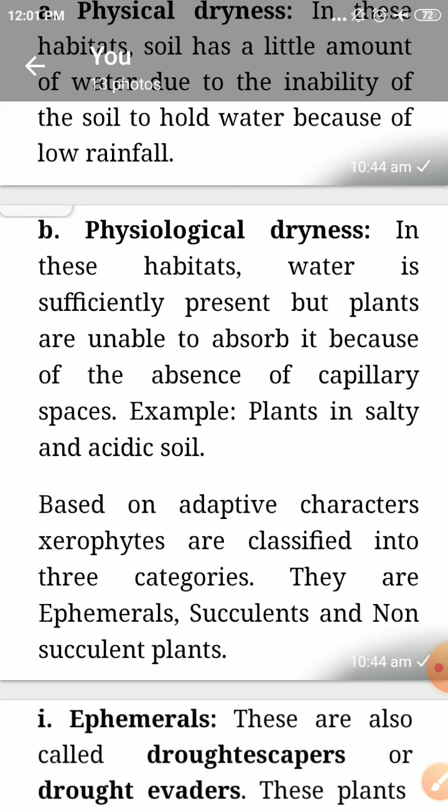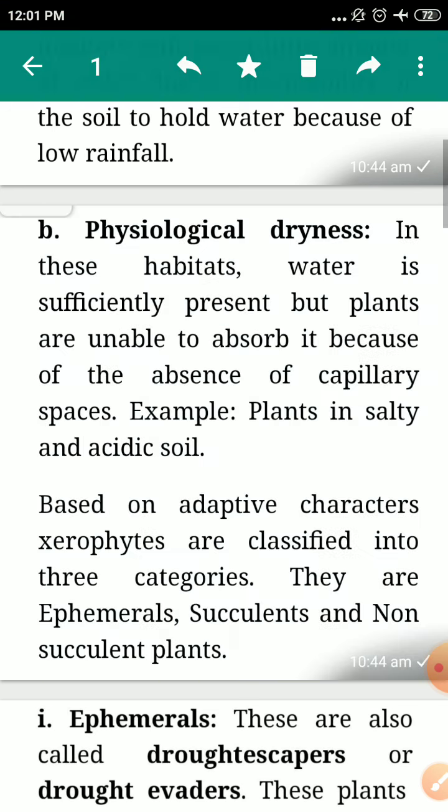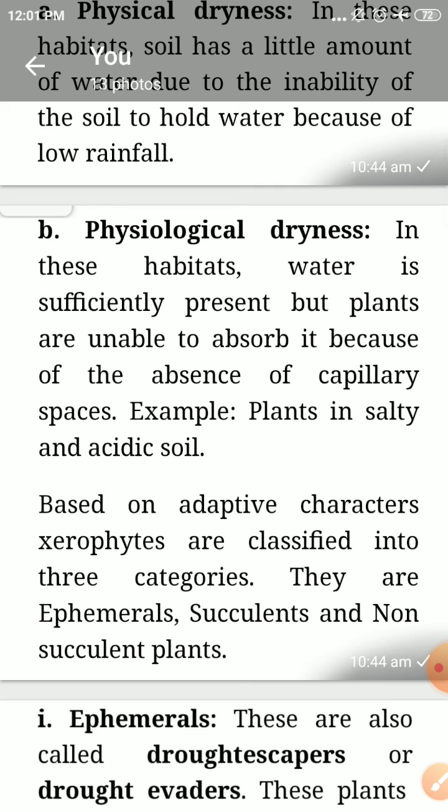For example, plants in salty or acidic soils, like the salty water of the oceans, where plants grow along the coast, but the water is highly concentrated and useless for the growth of the plants. It seems that the plants are growing in water, but such habitats are regarded as physiologically dry habitats, like the desert habitats. There is unavailability of useful water for the growth of the plants.